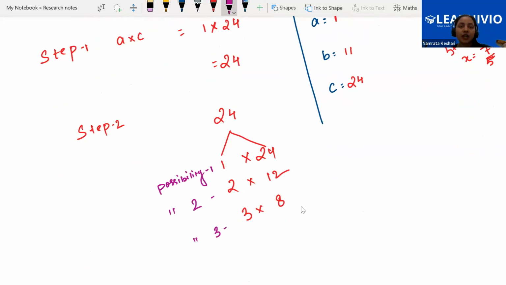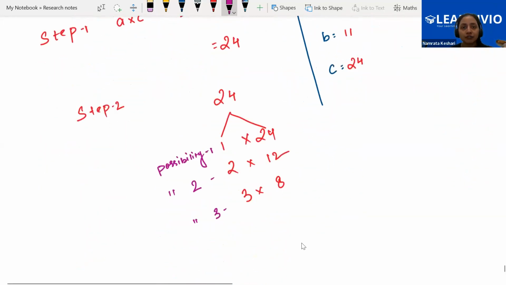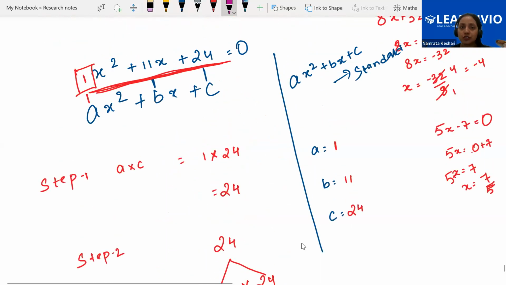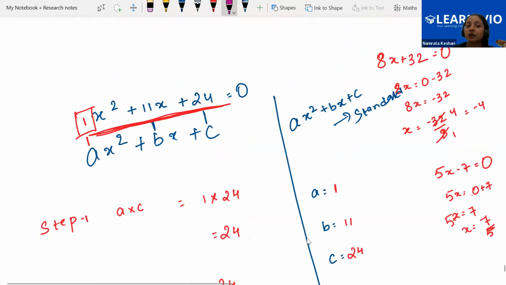Many more possibilities will be there, but at least whatever came to our mind first we have noted down. Now we will check, just by adding these two numbers or maybe by subtracting them, we must get the middle term, that is 11, from our two factors. That's why the method is called splitting the middle term.